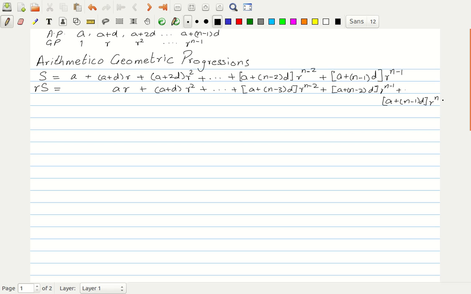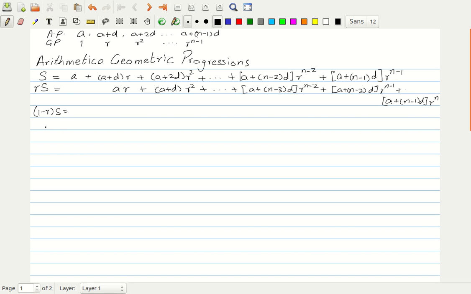Okay. Now let us subtract this equation. So you have 1 minus r times s, which is the left hand side, and you subtract this.